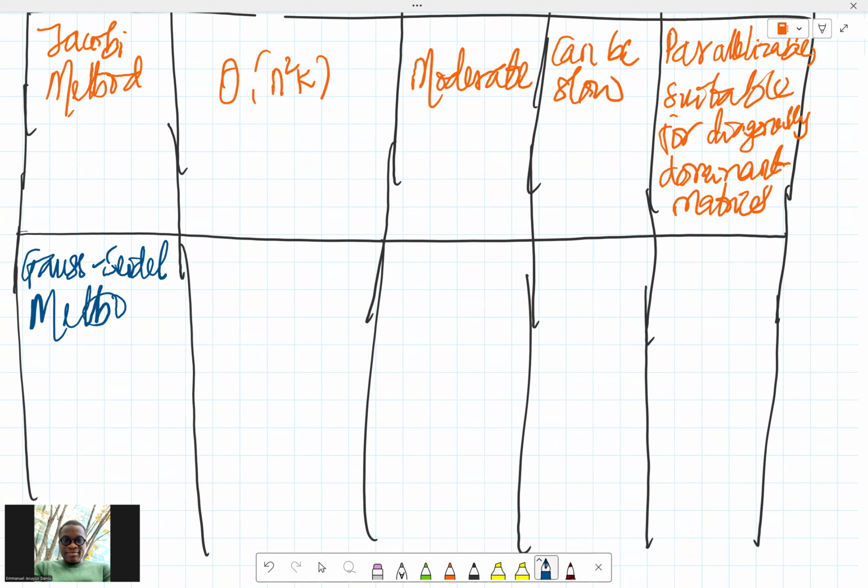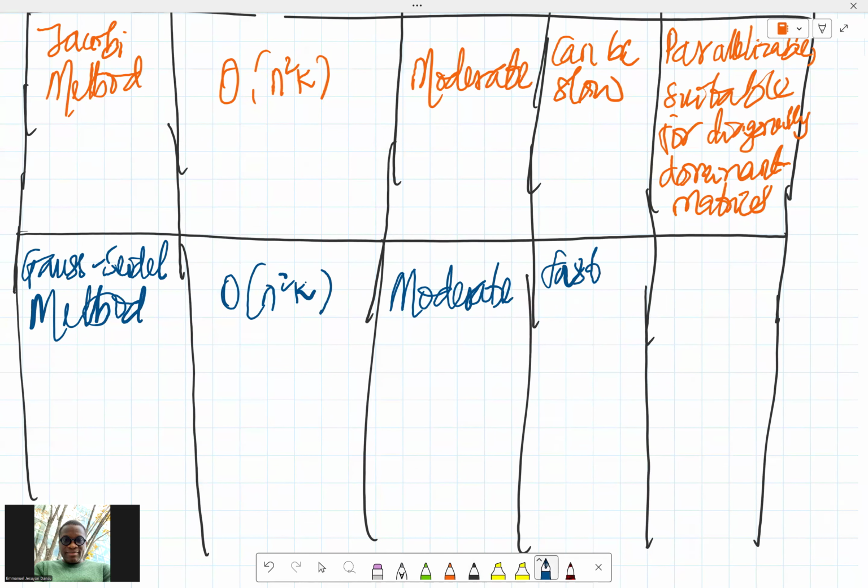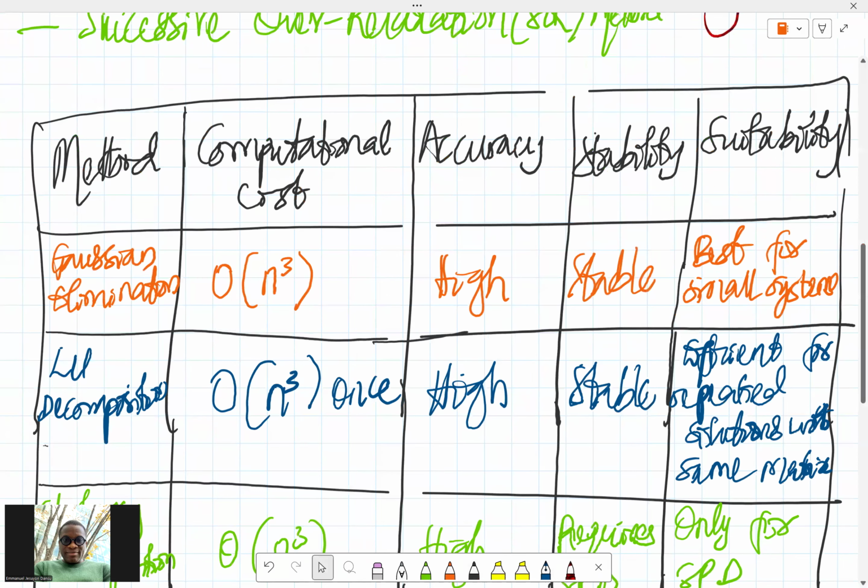So for the Gauss-Seidel method, the time complexity again is O(n squared k). The accuracy is moderate. For its stability, it's faster than Jacobi.